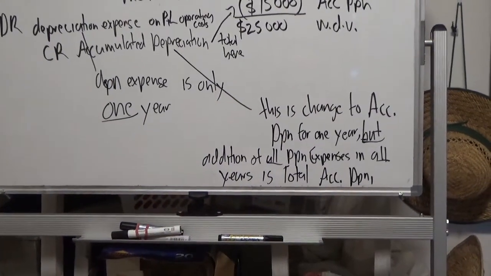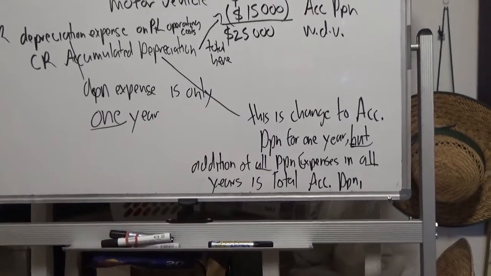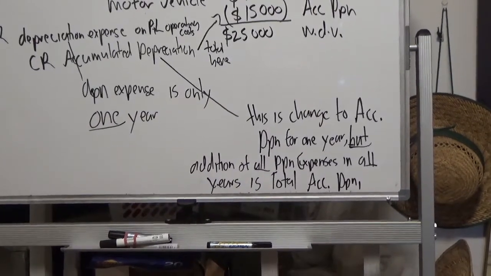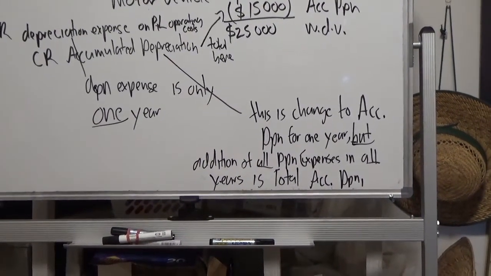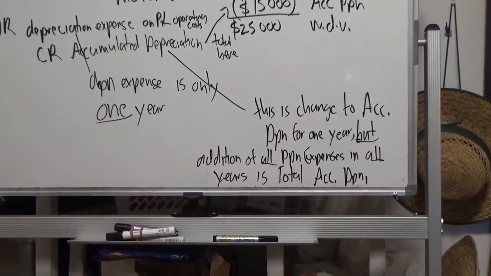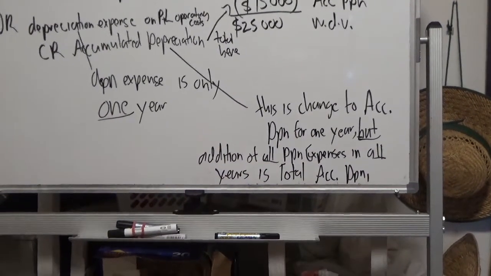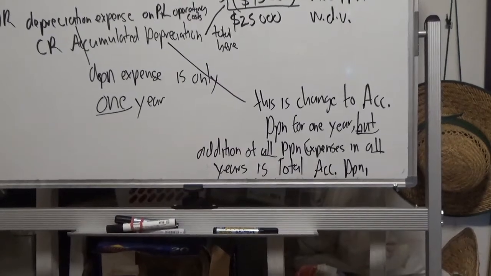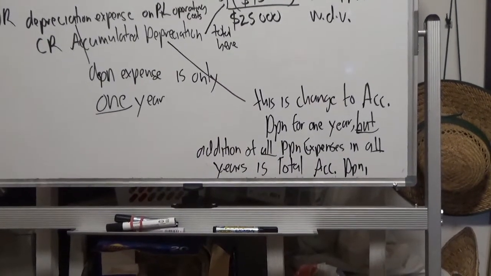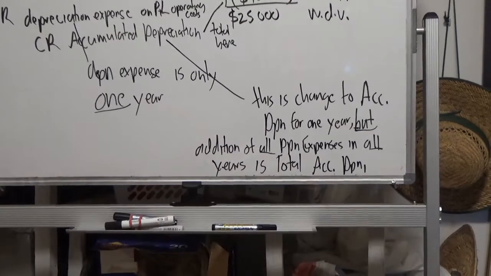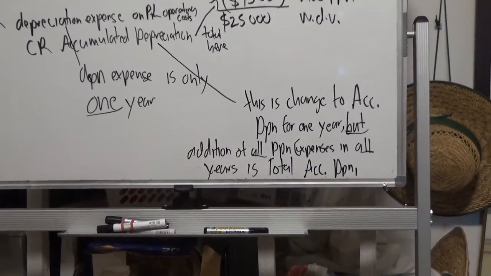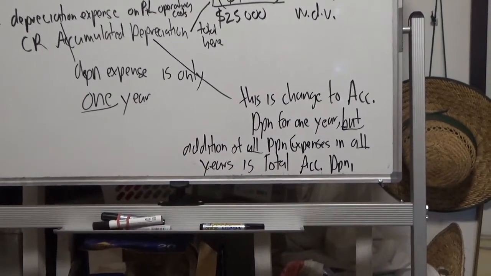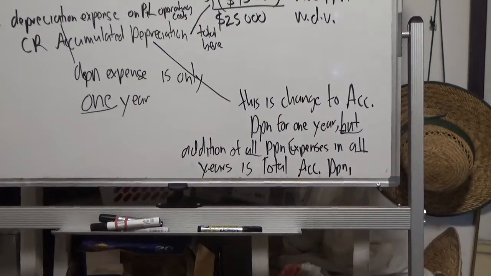So the figure for total accumulated depreciation is the depreciation expense for all the years in the time period. Okay, and that depreciation expense debit is depreciation expense for 1 year only. Okay, and the credit accumulated depreciation is just the change to accumulated depreciation.